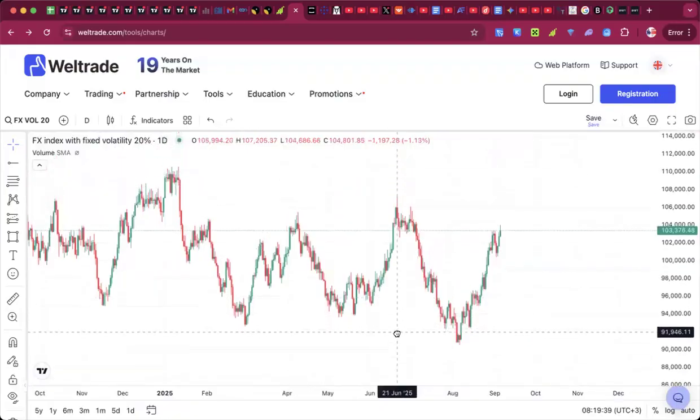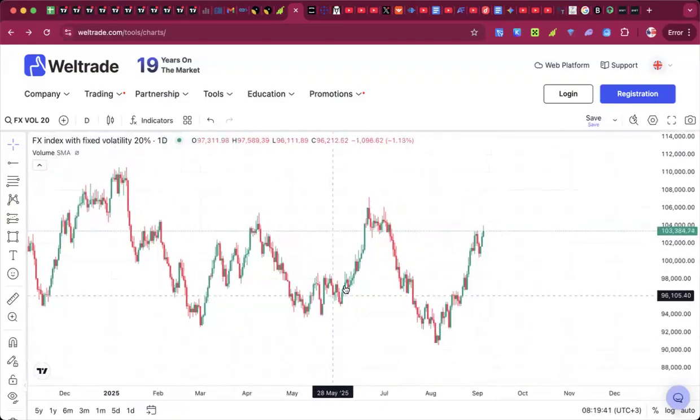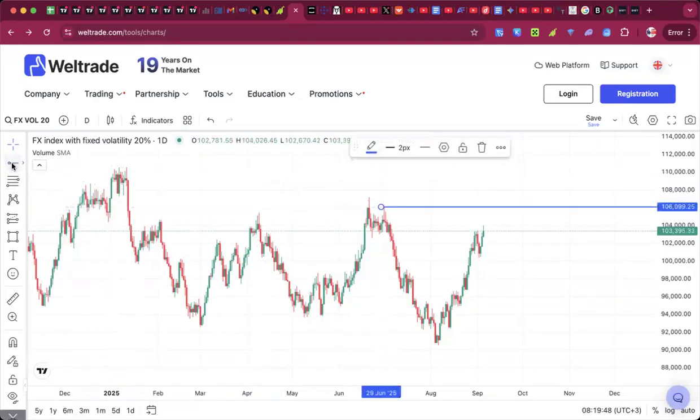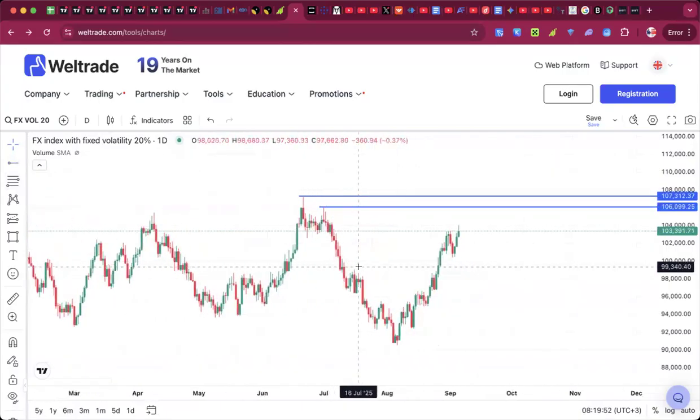So can I find a trade now? Maybe not, because you're looking at two major liquidity areas, here and the other one here. So this market traveled there.